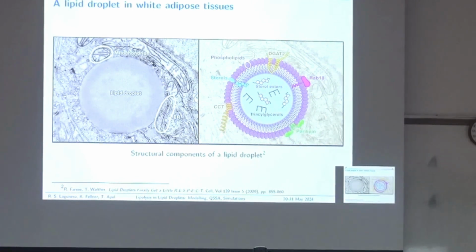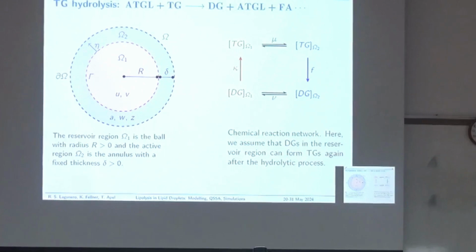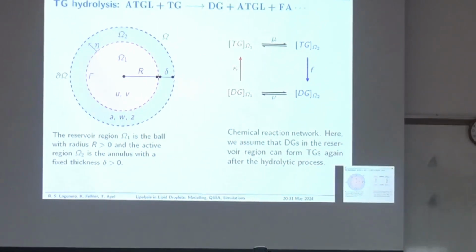So how do we model this? This is our first time modeling this process, and so we postulated a region which we call an active region. It's an annular region with a thickness delta. Delta here can be thought of as the molecular reach of the enzyme ATGL.